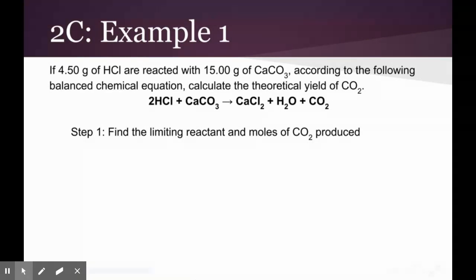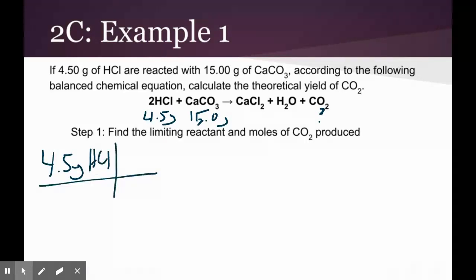So you're going to start with your 4.5 grams of HCl, and we want to go to CO2, and then we're going to do our second calculation from 15 grams of CaCO3, also to moles of CO2. So first step is to use the molar mass of HCl, which is 36.45 grams in 1 mole.